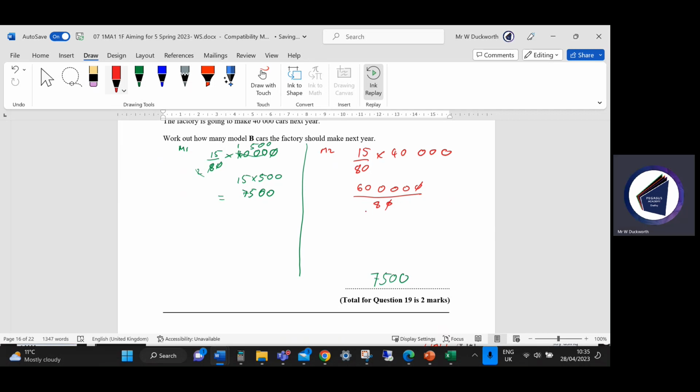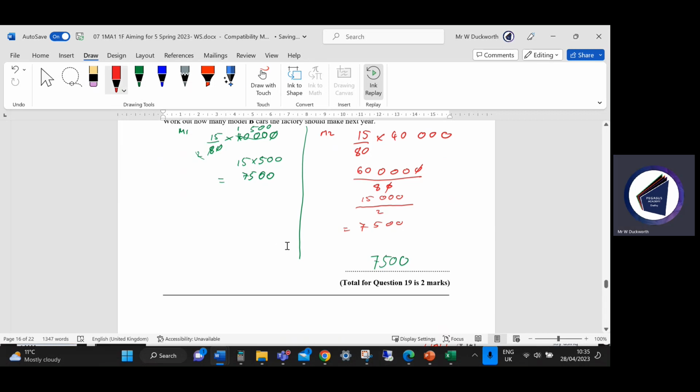If I simplify by 4s first of all, 4 would go into this one. 4 goes into 60 15 times, and that would be divided by 2. And then that divided by 2 would still give us 7500. Would it? Yeah, it would. Okay.